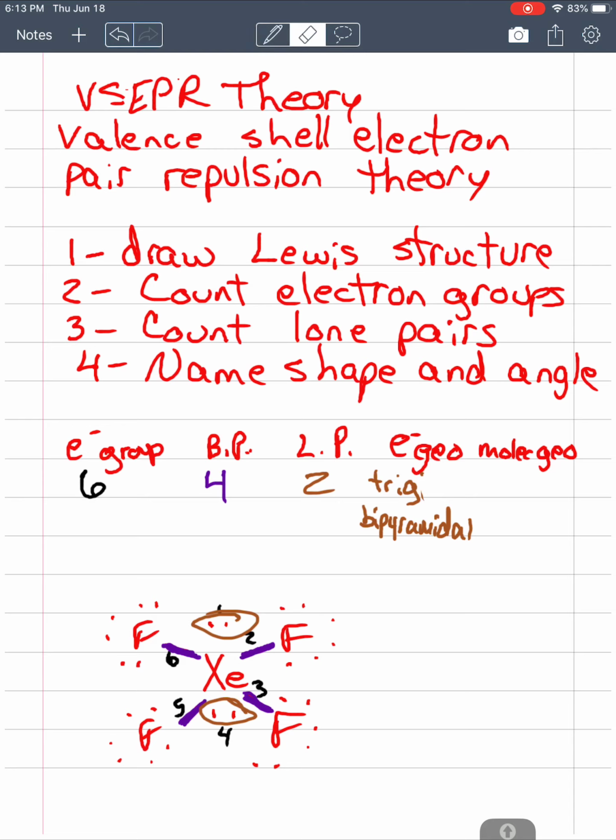Try to remember how to spell that. And then molecular geometry. And then it'll ask for the angle, which would be 90 degrees. So that's what it means when it's talking about bonding pairs compared to lone pairs.